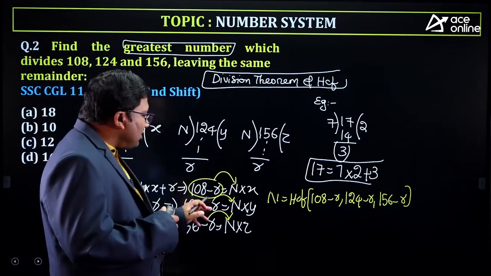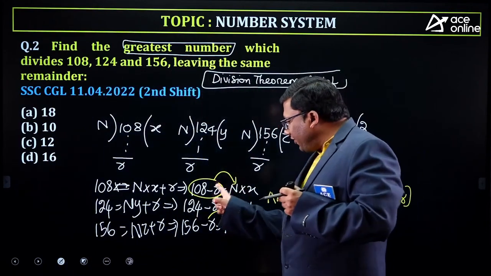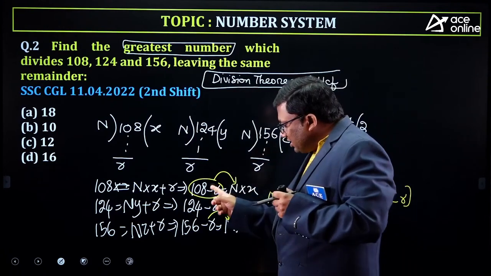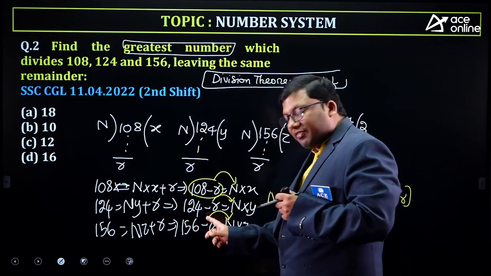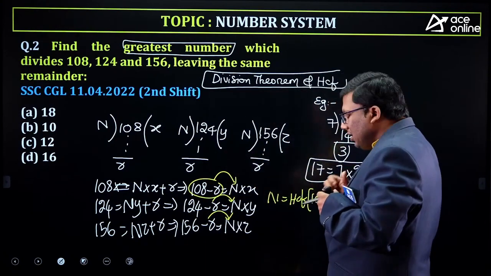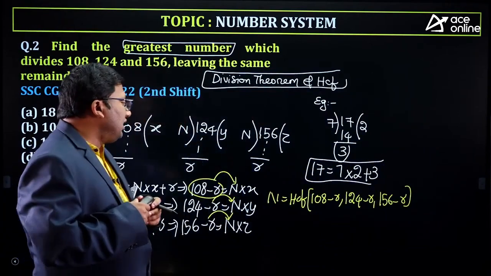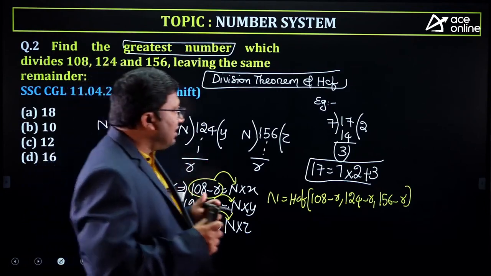I want the largest number, and it is clearly visible that n is a factor of each of these numbers. All are natural numbers here. So the factor common to all three numbers is the HCF of 108 minus r, 124 minus r, 156 minus r. Till here it is clear.